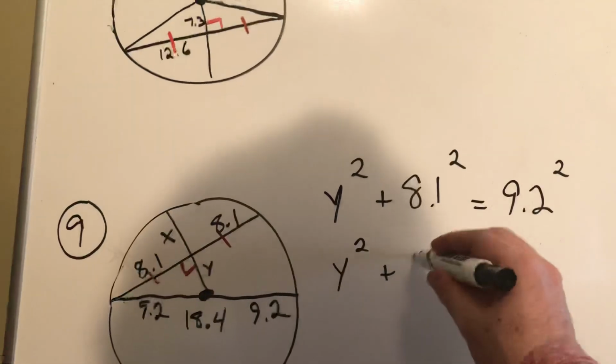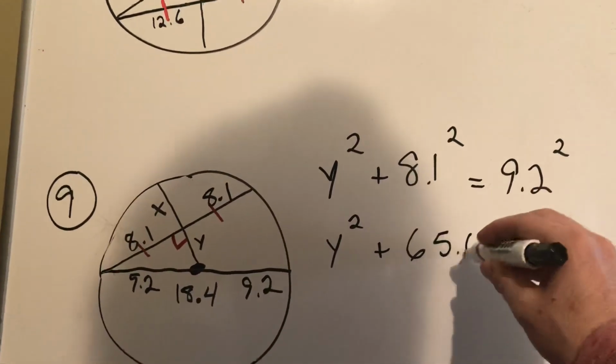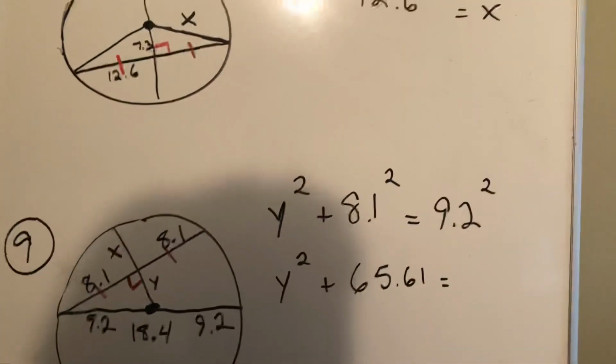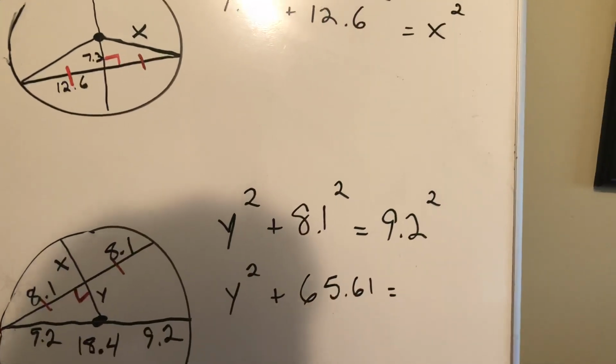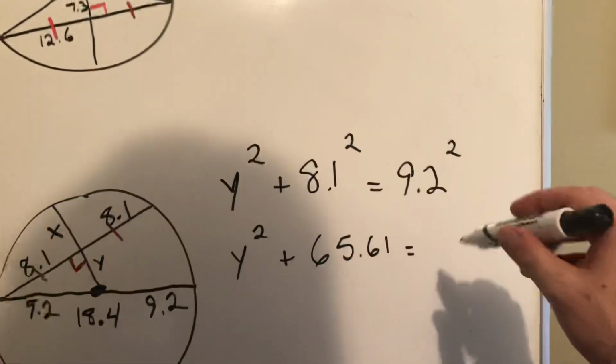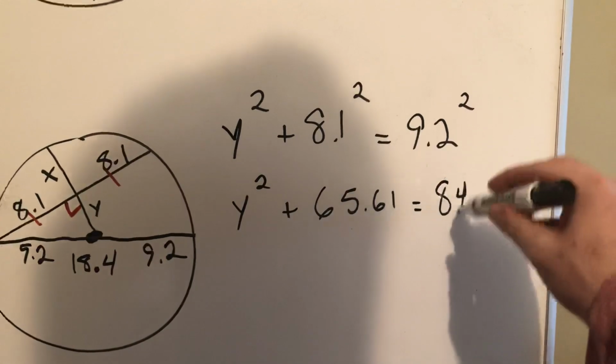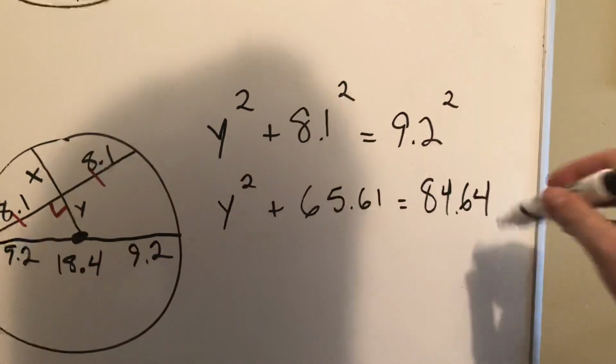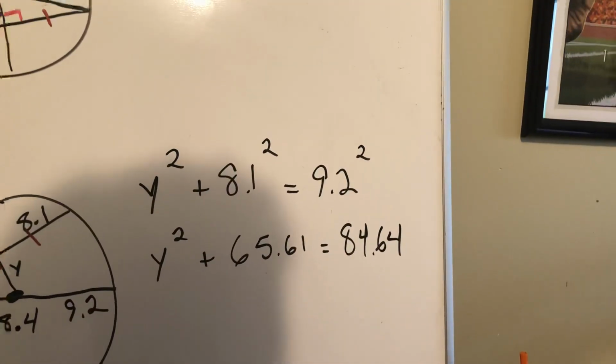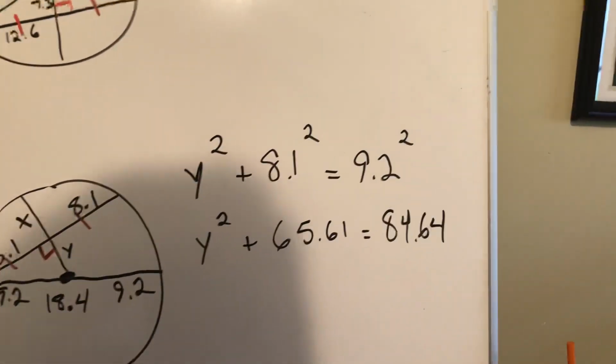8.1 squared is 65.61. And that equals 84.64. So I'll subtract 65.61 from both sides.